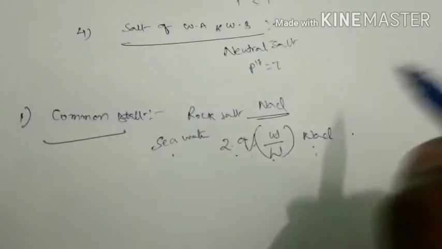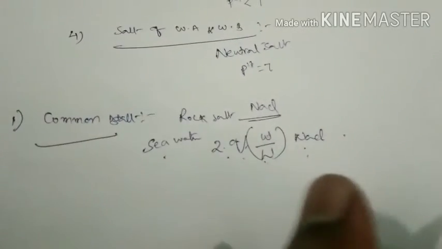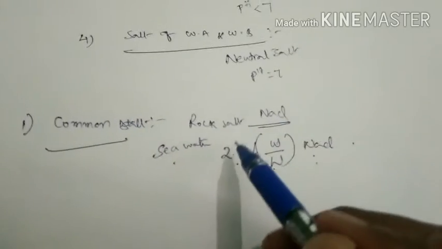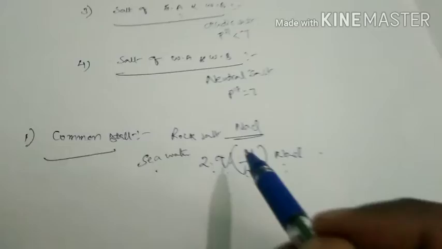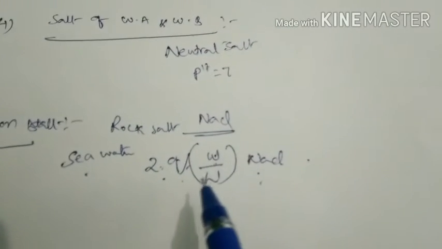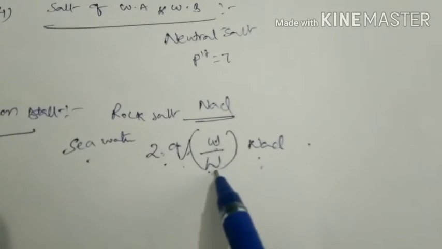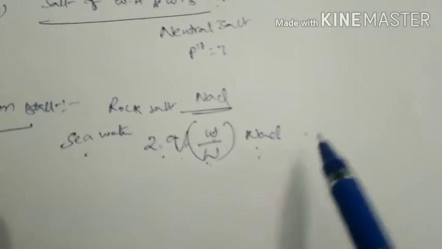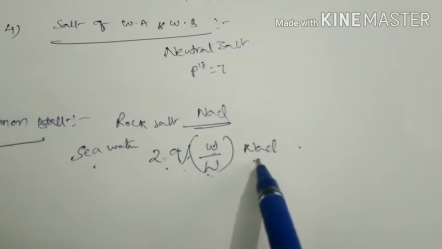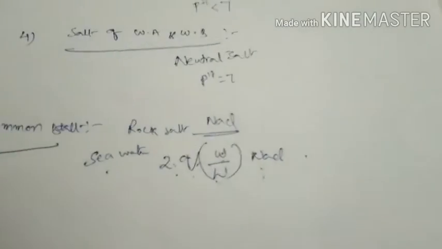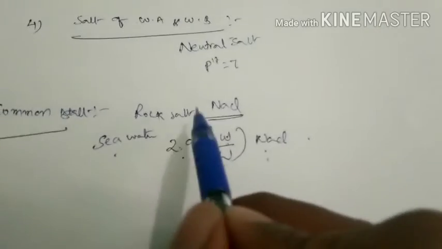This means for every 100 grams of seawater, 2.9 grams of NaCl is present. That means more salt is present in seawater. That is why seawater is the major source for NaCl.